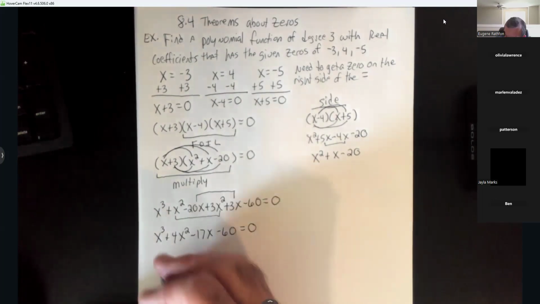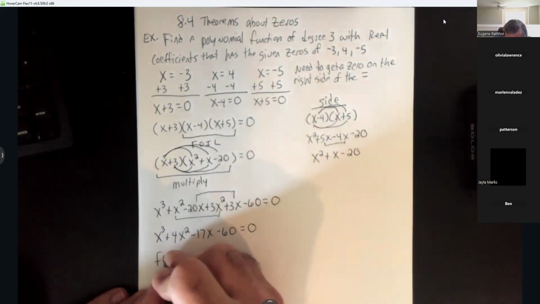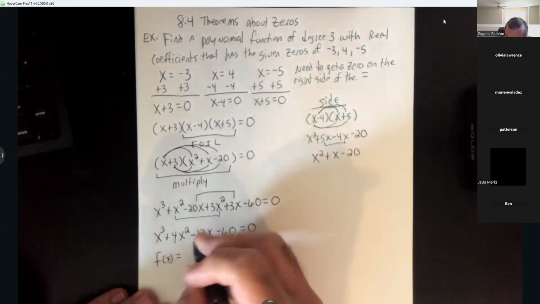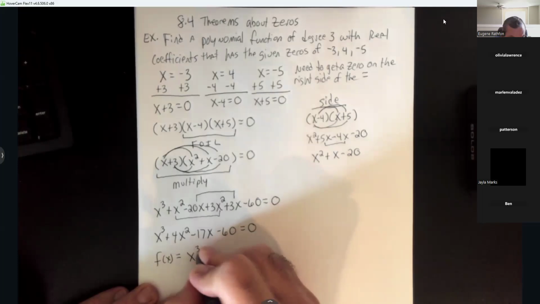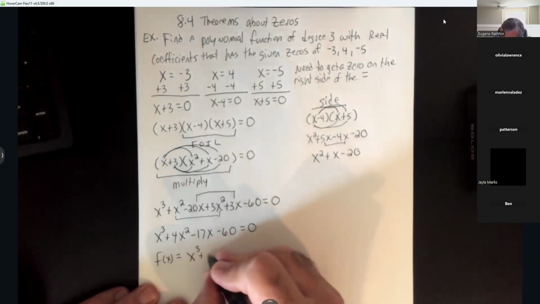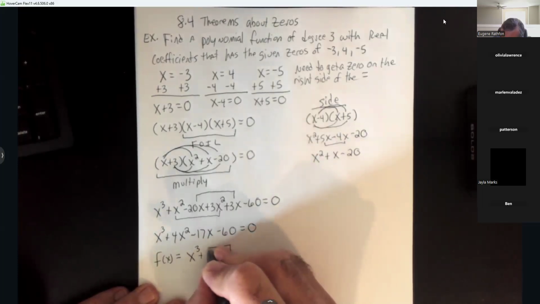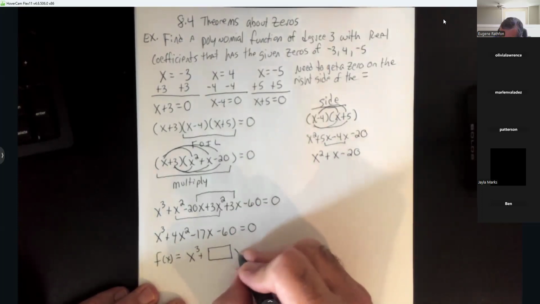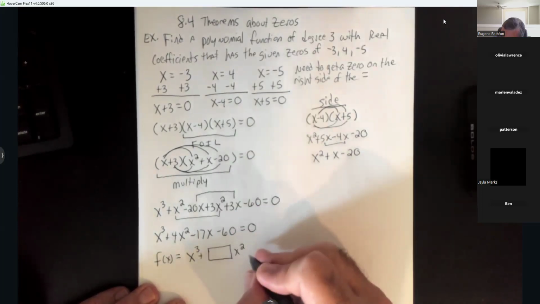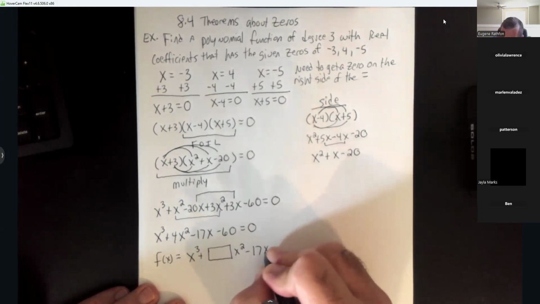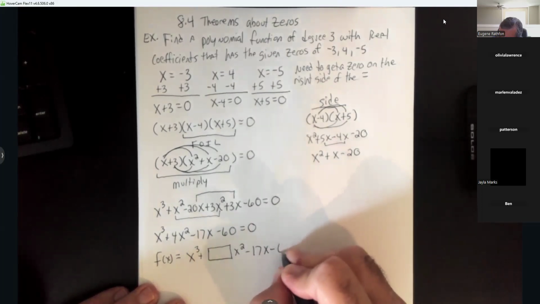Now, on the answer blank, they got this. F of x equals x cubed plus blank x squared minus 17x minus 60.